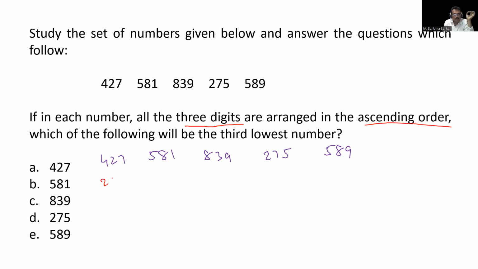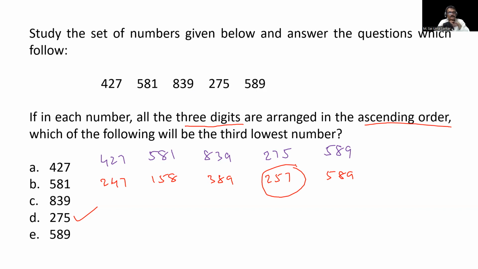So 247, 158, here 389, 257, here 589. That's it. Which of the following will be the third lowest number? First lowest 158, second lowest 247, third lowest 257 or not. So what is the answer? 275, which is the required answer.